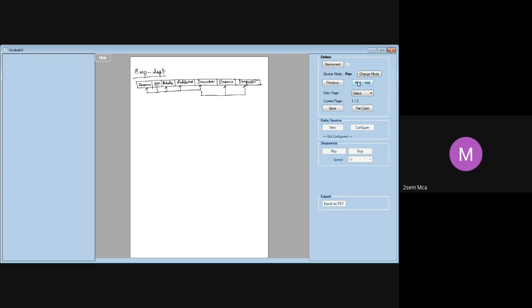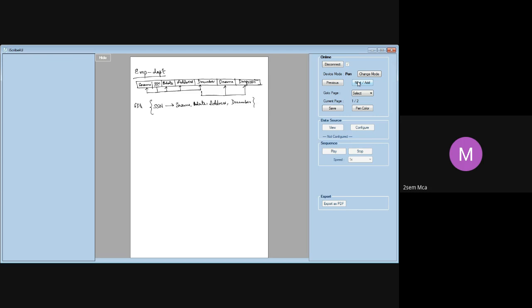So let me put down the first functional dependency, FD1. Given the SSN, I should be able to determine E name, B date, address, D number.